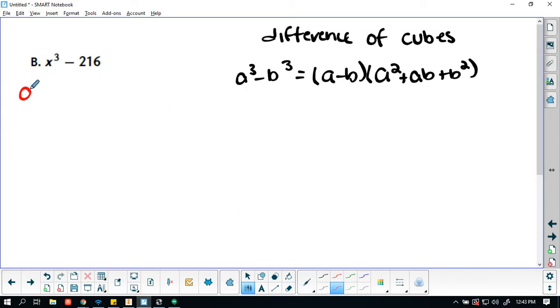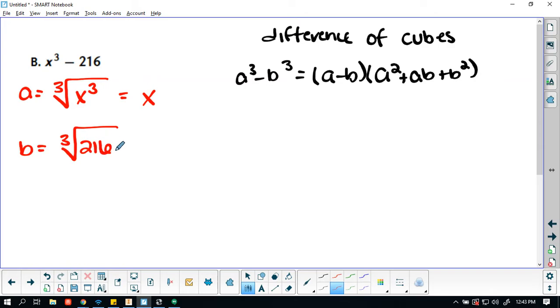A is going to be the cube root of x cubed, which is just x, and b is the cube root of 216, which I believe is 6.